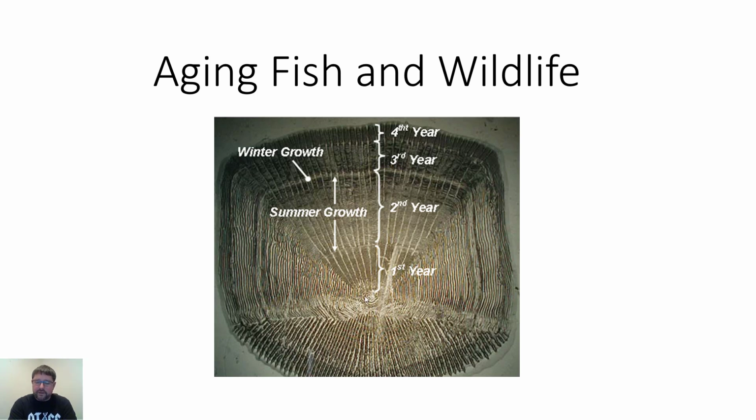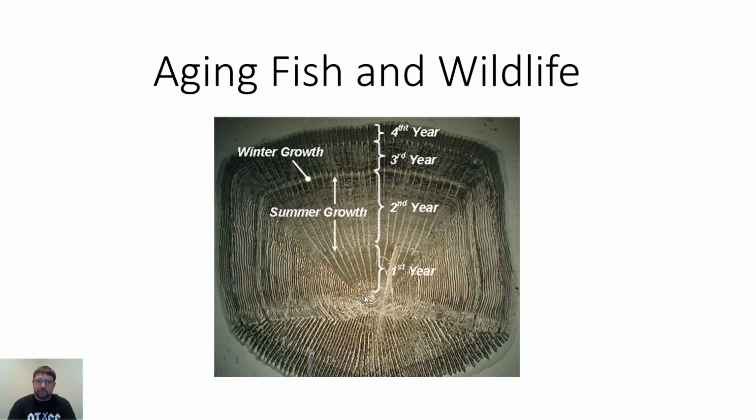Like I said, fish are indeterminate growers. They grow throughout their entire life. Now, growth patterns really depend on food availability. Because most of the time indeterminate growers are ectotherms, their growth is directly related to the temperature of their environment.